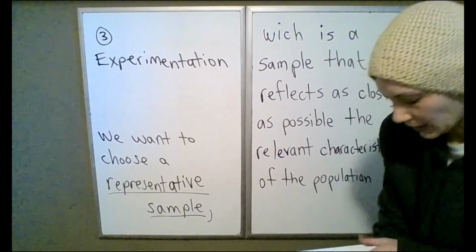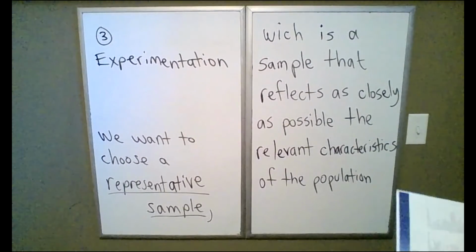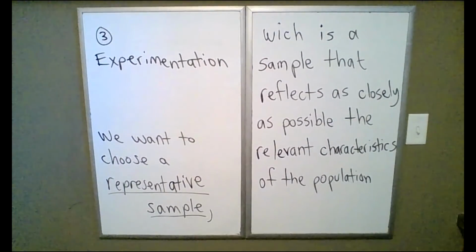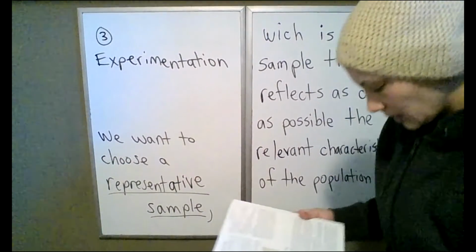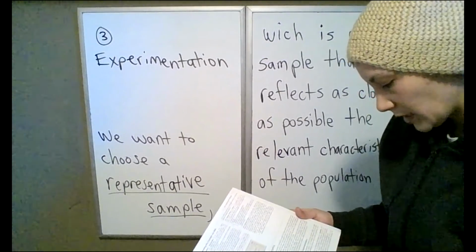And check really fast if I can find it quickly. Okay, it just says two methods other than a census for obtaining information are sampling and experimentation.